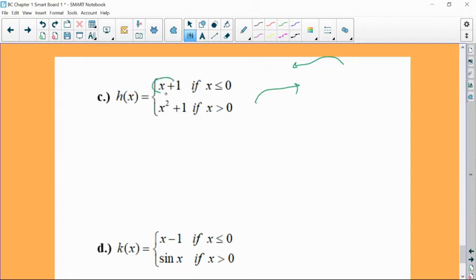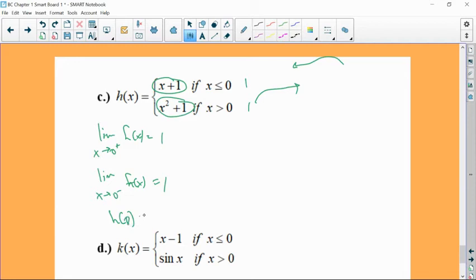So 0 in the upper function looks like it's getting close to 1. 0 on this one looks like it's getting close to 1. Or if you say, what's the limit as x approaches 0 from the right of h of x, it is equal to 1. And the limit as x approaches 0 from the left of h of x also equals 1. And it's defined, right? h of 0 is 1. So I know it's continuous.